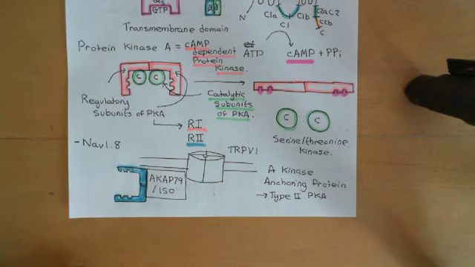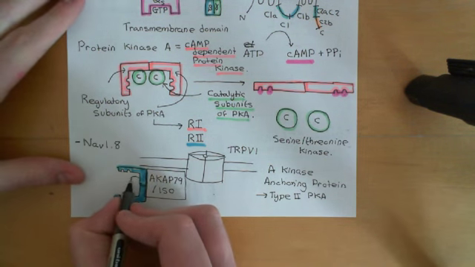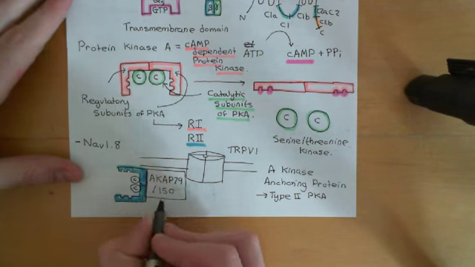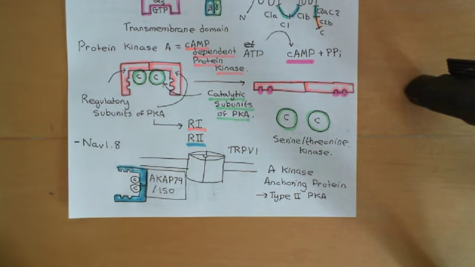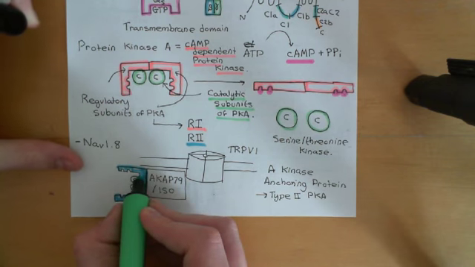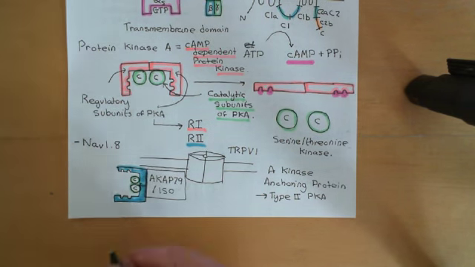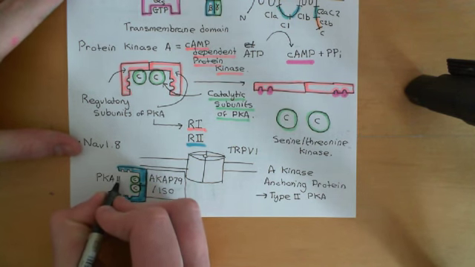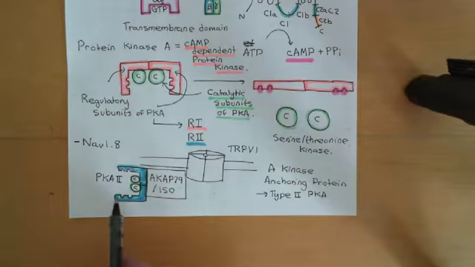So here then, this is our type 2 protein kinase A enzyme that is bound to the AKAP79 or 150, whichever you prefer to call it, which is also bound to the TRPV1 ion channel here. So this is protein kinase A2 here. And the idea then is that when the cyclic AMP is produced, again, the exact same thing is going to occur.